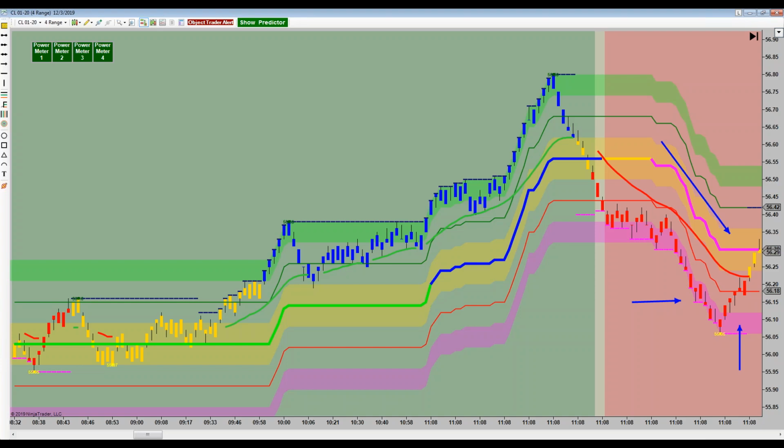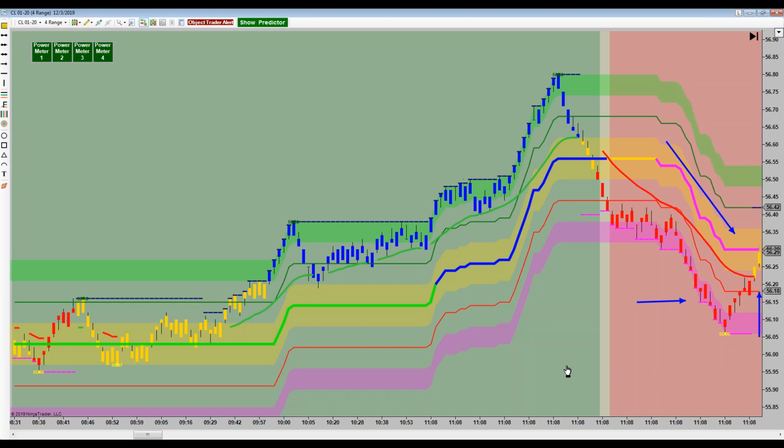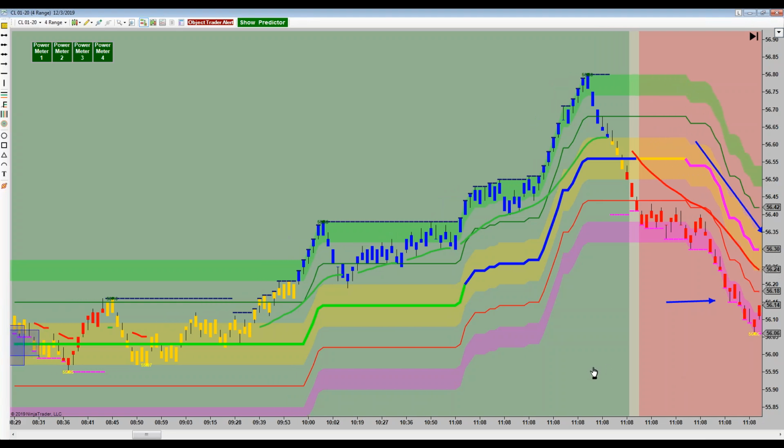And the retracement begins with the closing of these bars up right here. This is the apex of the drop. And then we begin to ascend. Okay? Now, before we start to ascend, as the market is sitting down here at 5606, 5610, 5614, where is the midband?